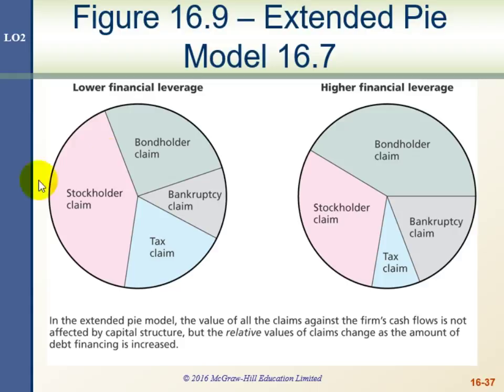And so to the left we have low financial leverage, so the stockholder claim is much bigger than the bondholder claim. The ratio between those two would essentially be the debt equity ratio. So higher financial leverage means that there's a higher bondholder claim relative to the stockholder claim, so a higher debt equity ratio.